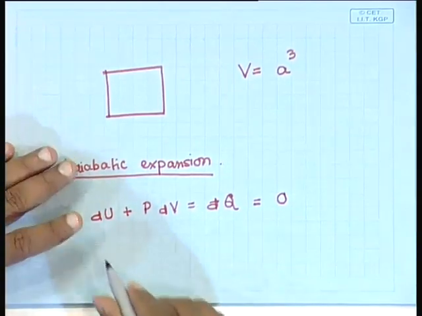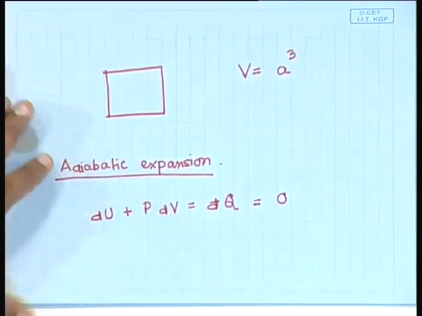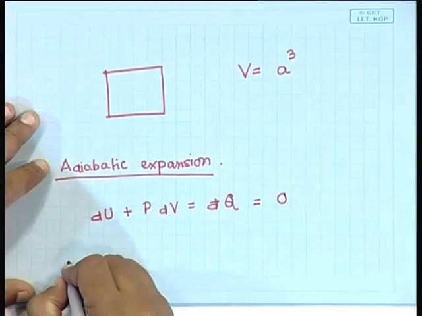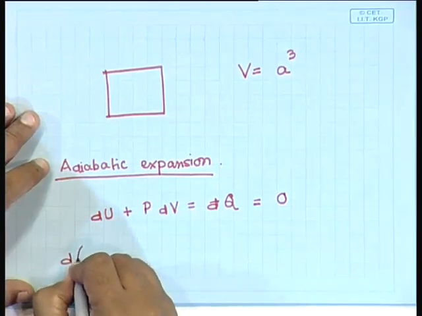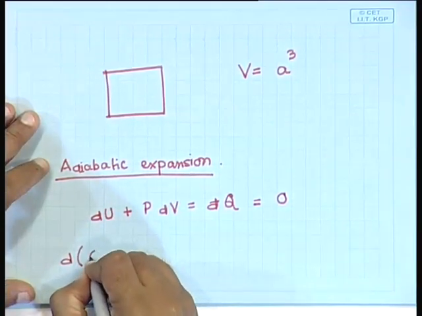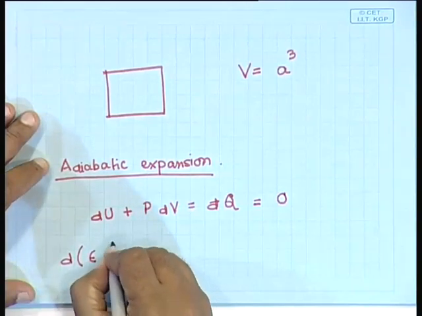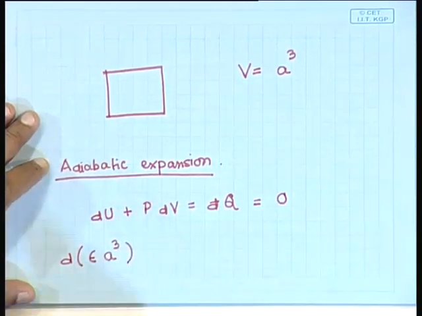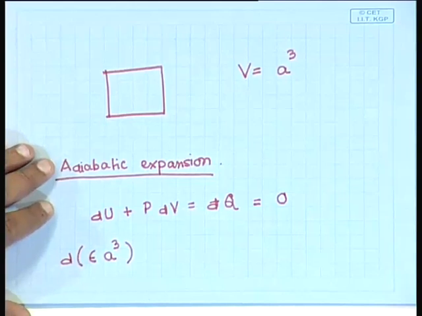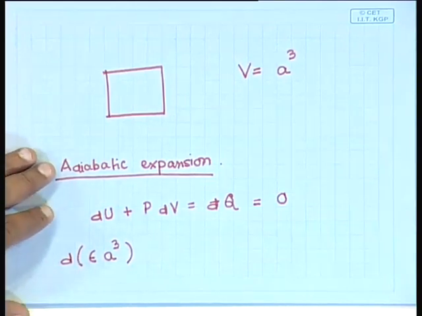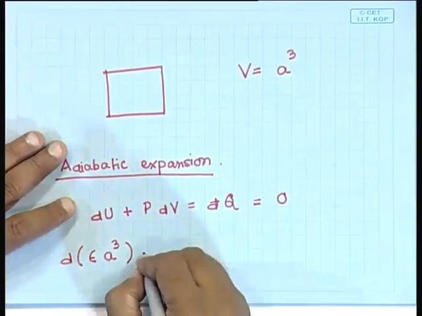Now, the internal energy dU is the energy density into a cube, right. Internal energy is the energy density into a cube.